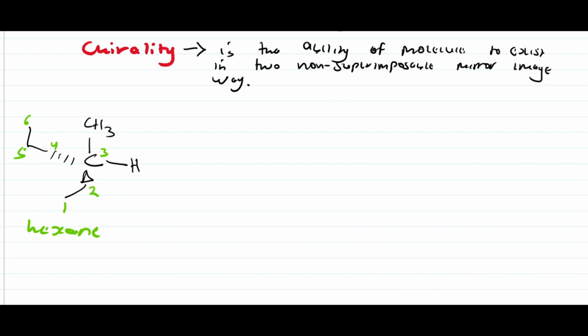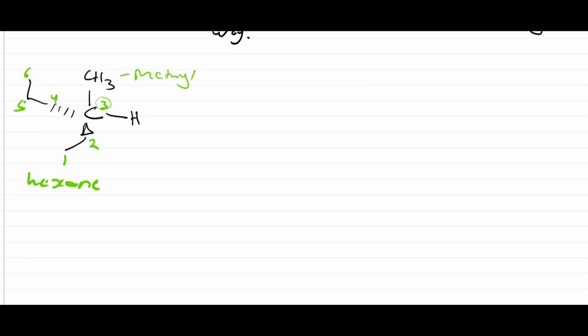But I have a branch on the third carbon, and the branch is a methyl. So I can give it the name 3-methyl hexane. That's the name of the compound for the molecule I have.